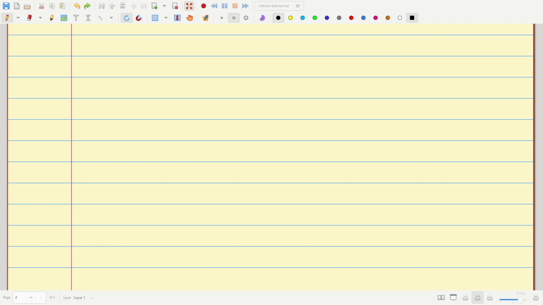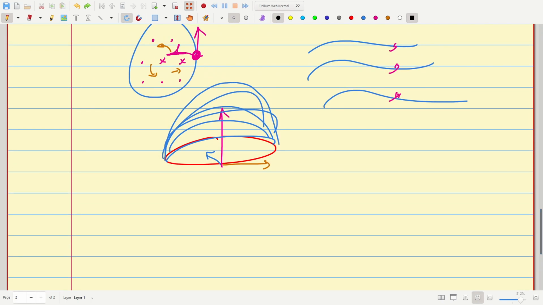So I talked about the idea of the streamlines twisting. Just to use a proper vocabulary term for that, this is circulation.